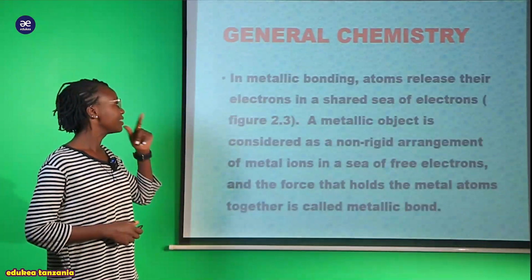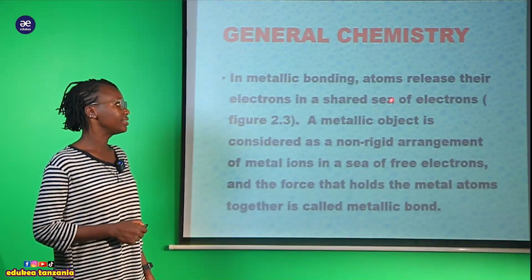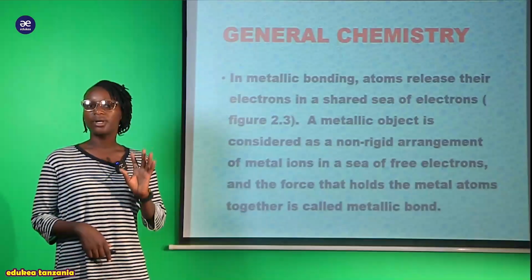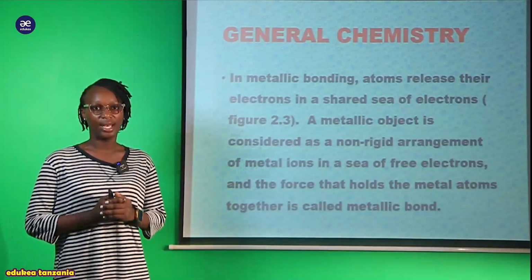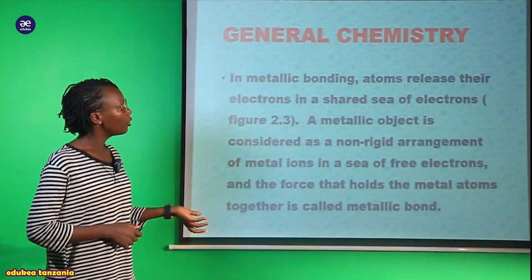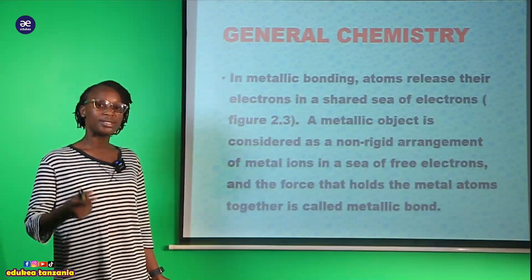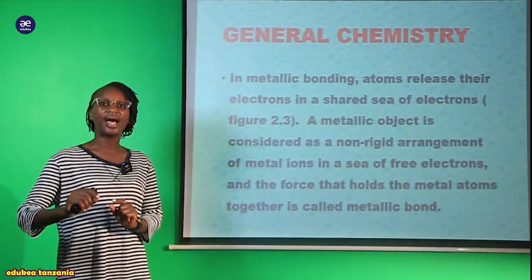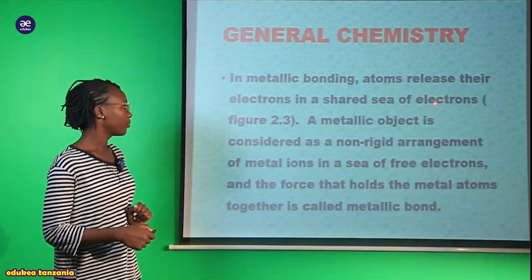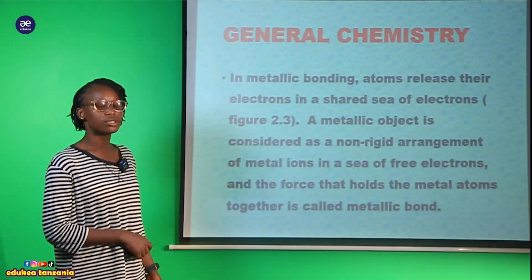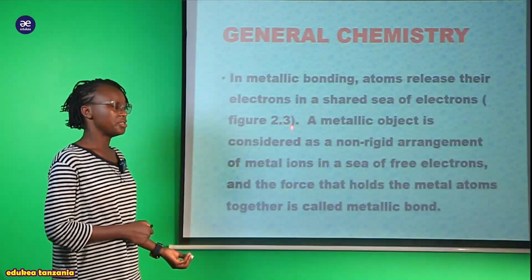So here we can say that in metallic bonding, atoms release their electrons in a shared sea of electrons. When we talk about this sea of electrons, it means that we are talking about those delocalized electrons. So in metallic bond, the atoms always release their electrons into a shared sea of electrons. We're going to see this sea of electrons, or this delocalized electron, in figure 2.3.